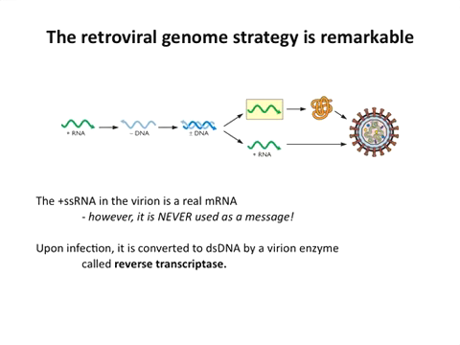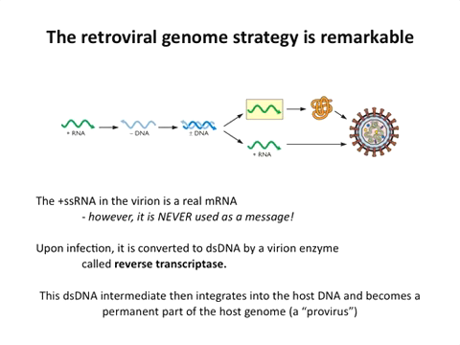It's converted to a DNA copy, and then the DNA is transcribed by host DNA-dependent RNA polymerase to make the messenger RNA. This double-stranded DNA integrates into the host chromosomal DNA and becomes a permanent part of the host's genome. We call that a provirus. So the viral DNA integrates into your chromosome.